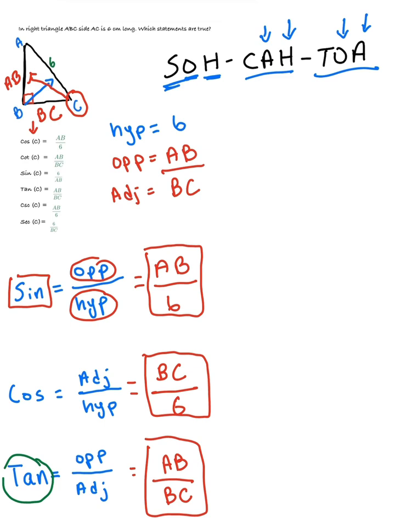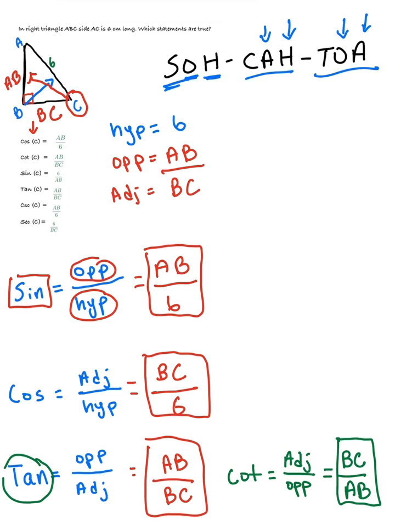They sound alike, since cotangent has the word tangent in it, so I always associate tangent with cotangent. Cotangent is just the reciprocal of tangent, which is adjacent over opposite. We literally flip-flop them. So if tangent is AB over BC, cotangent is going to be BC over AB.